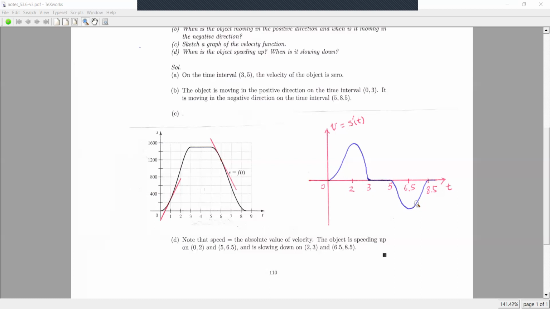Take the absolute value on this curve, we will see that the curve is decreasing. Therefore, on the time interval from 6.5 to 8.5, speed is decreasing. The object is slowing down and the object is moving in the negative direction because velocity is negative.